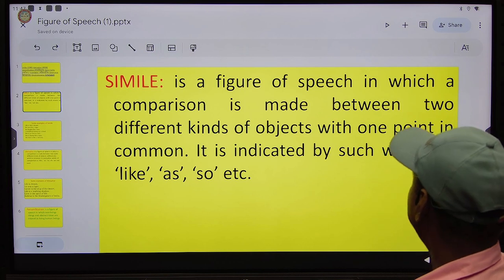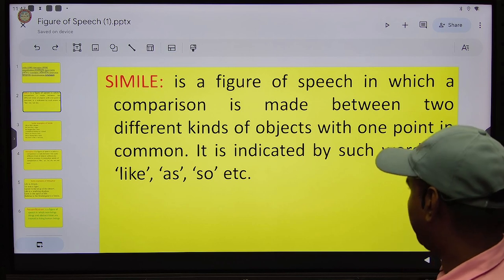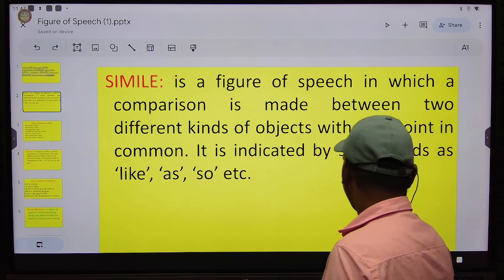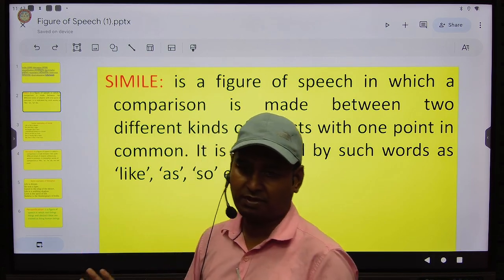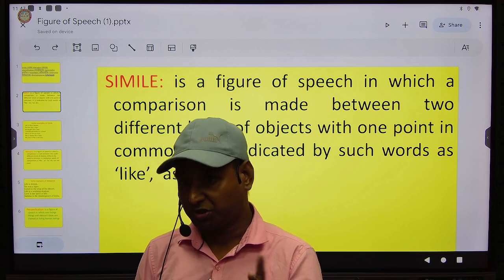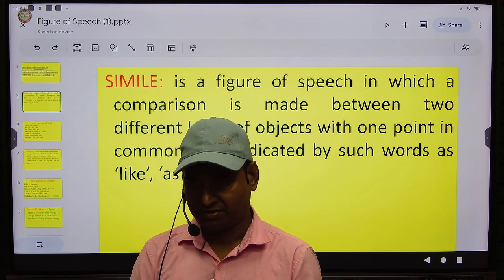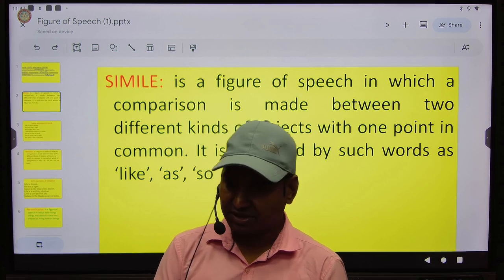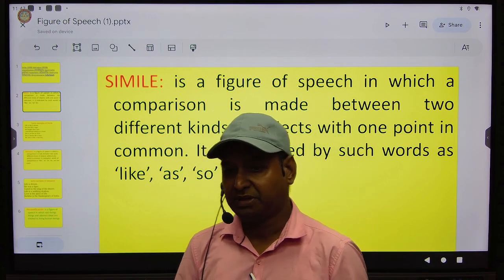A comparison is made between two different kinds of objects with one point in common. It is indicated by such words as like, as, so. Mostly you find these words in simile. So now we will see some examples of simile.